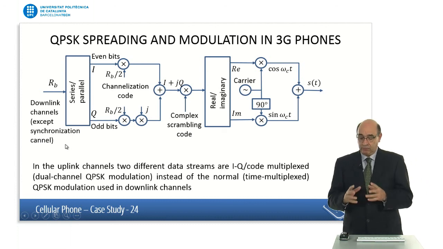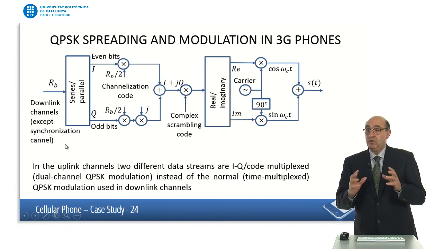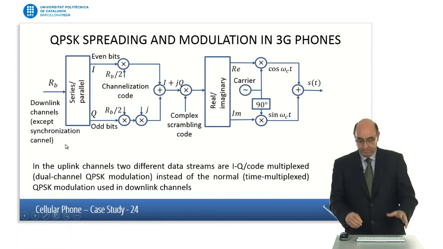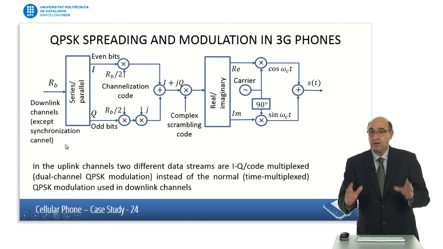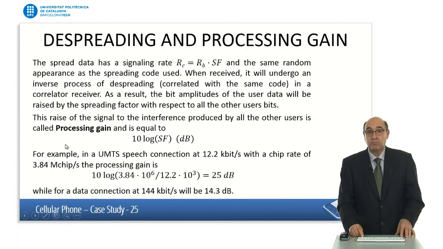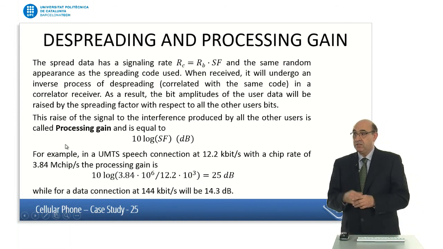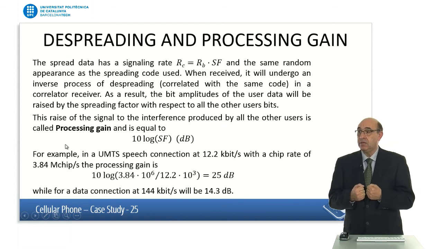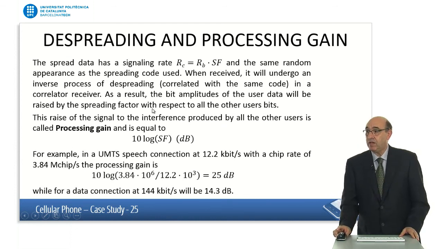So we really play with the data bits, and we spread them in such a way that they are going to occupy a much larger bandwidth. In this process, we get a gain, and the gain is just the spreading factor.